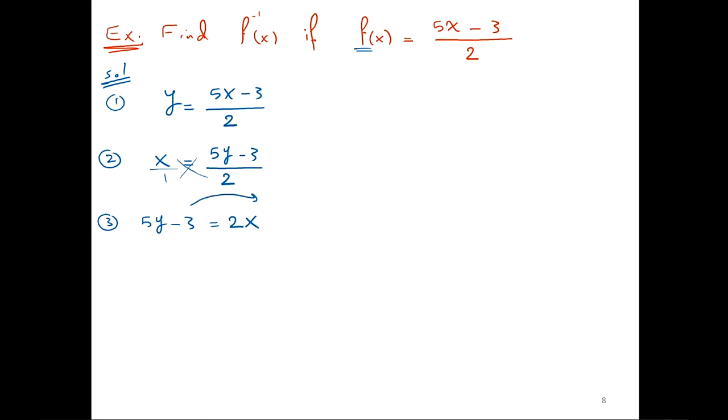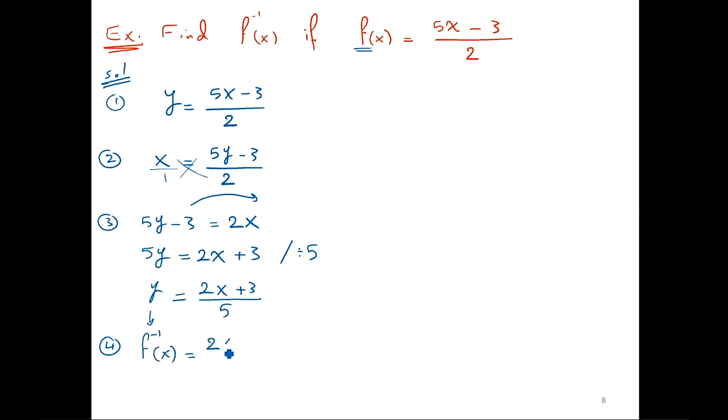Move the negative 3 to the other side, so we have 5y equals 2x plus 3. Divide by 5, so we have y equals 2x plus 3 over 5. The last step, just replace y with f inverse. This is the value of f inverse, so we have 2x plus 3 over 5. This is the inverse of the function f of x.